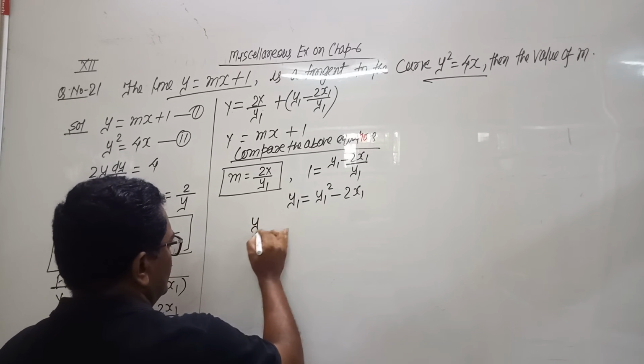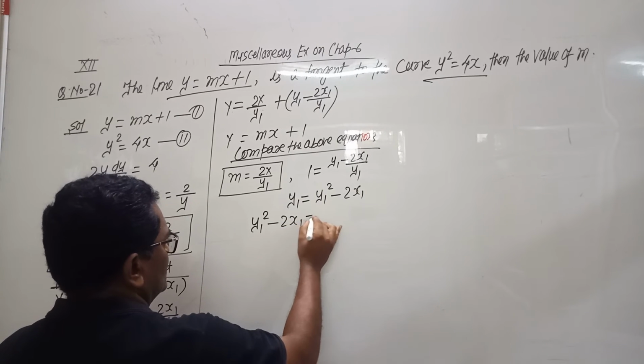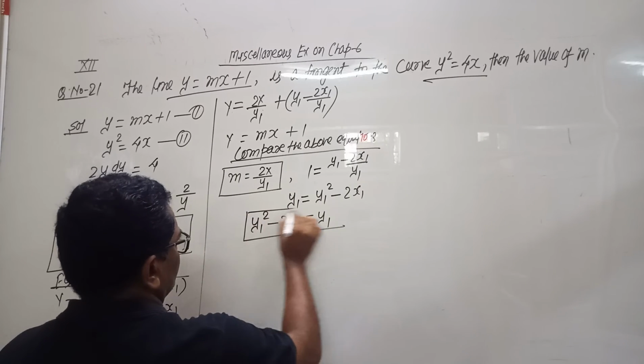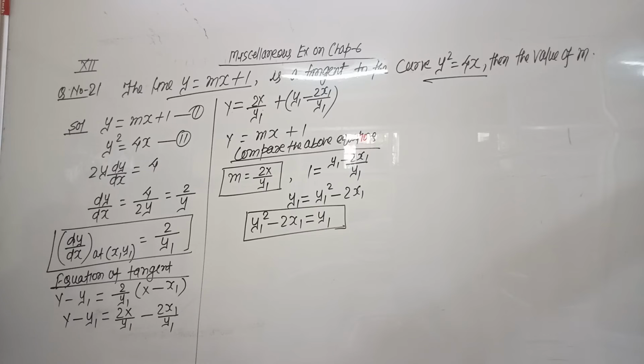We can also write y1 square minus 2x1 equals y1, and also the point (x1, y1) lies on the curve.